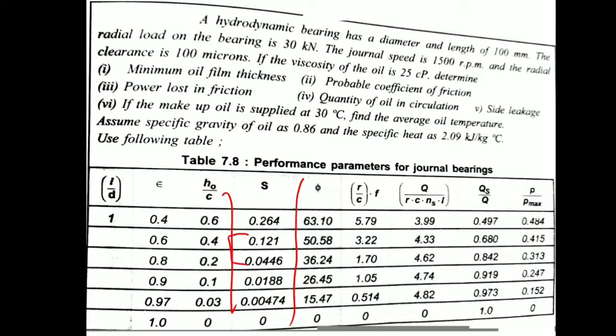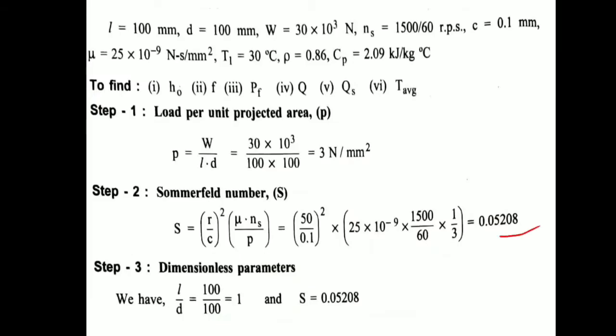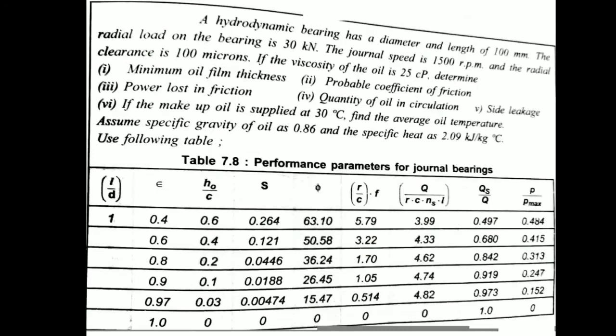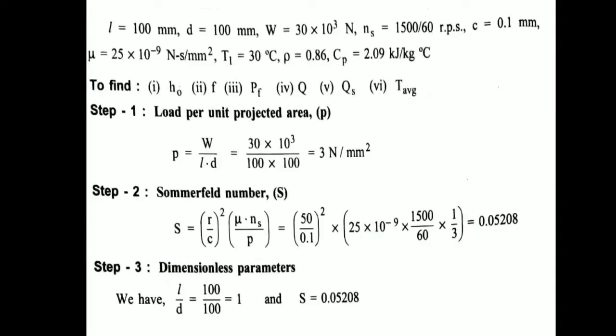Am I correct? Dear friends, are you getting it? The value of S, 0.052, is situated in between these. Okay, so I will have to write these two rows. Clear? Now I'll move forward. L by D is 1. Now S is this much.